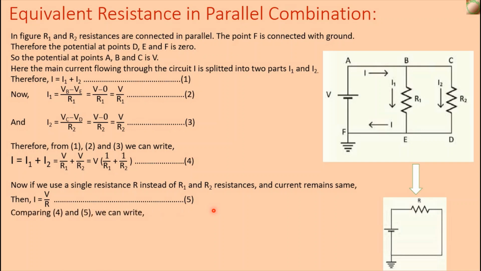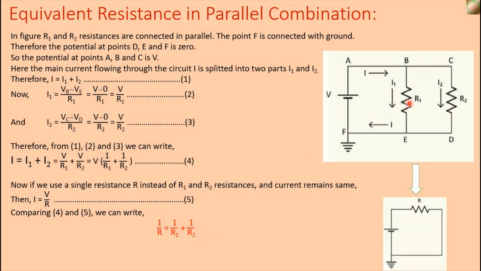Now comparing equation 4 and 5, in equation 4 I is equal to V into 1 by R1 plus 1 by R2, and in equation 5 I is equal to V divided by R. By comparing these two equations, we can write 1 by R is equal to 1 by R1 plus 1 by R2.